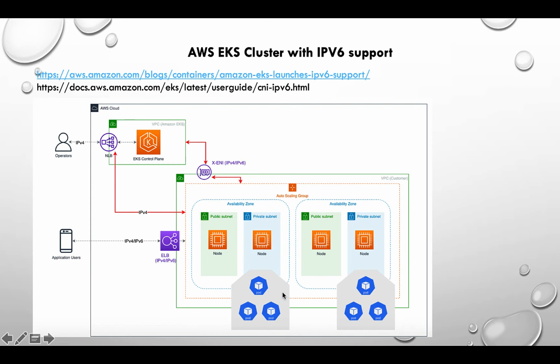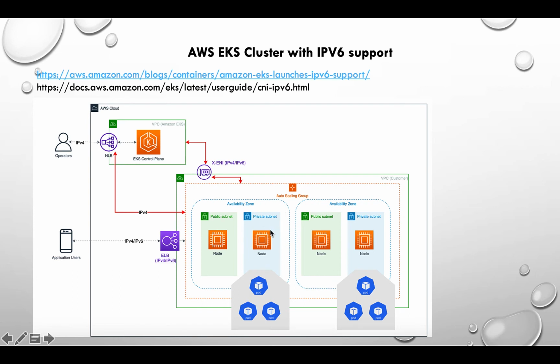For example, I'm a customer and I set up my own VPC, and within the VPC I deploy my worker node group. The worker node group consists of the worker nodes where my pods and my services will be running. That is where they have provided support for v6. You have public and private subnets.